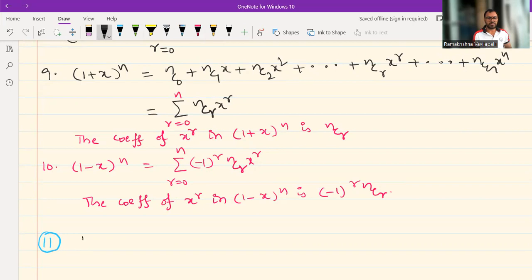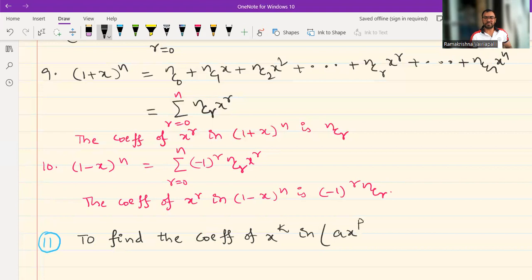To find the coefficient of x power k in (a x power p plus b by x power q) whole power n, this is very, very important.